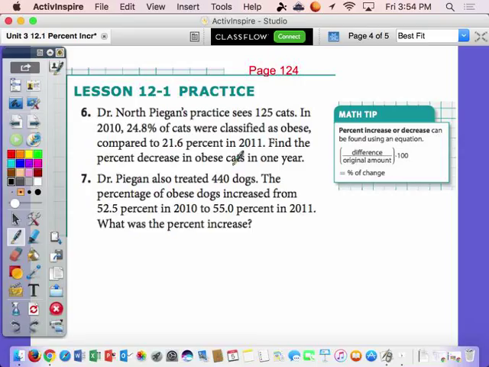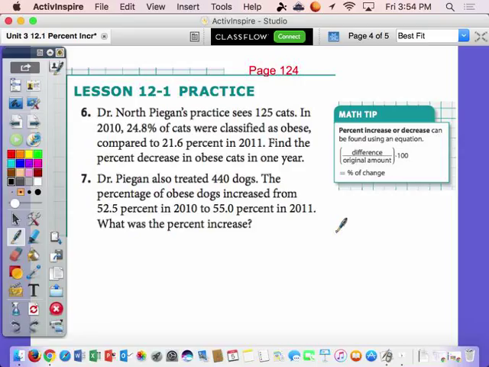Find the percent decrease in the obese cats in 1 year. Okay? So don't get confused because they're giving you percentages already. We're still looking at what is the difference from this percent to this percent.